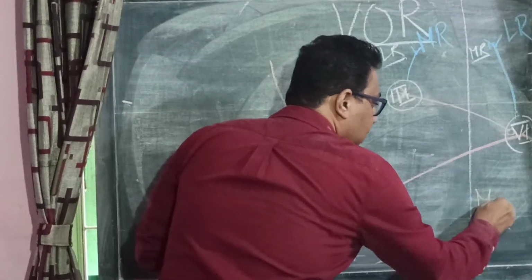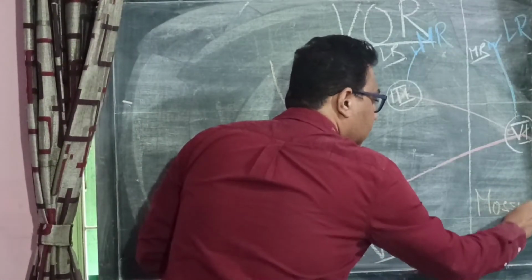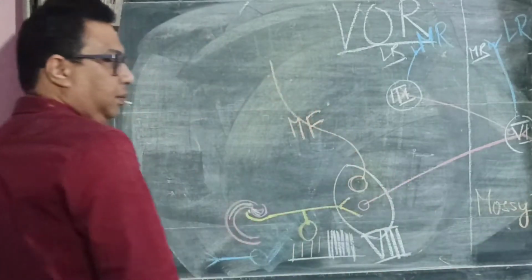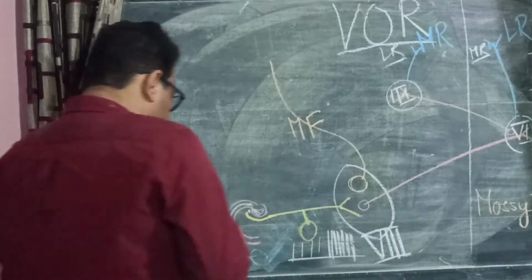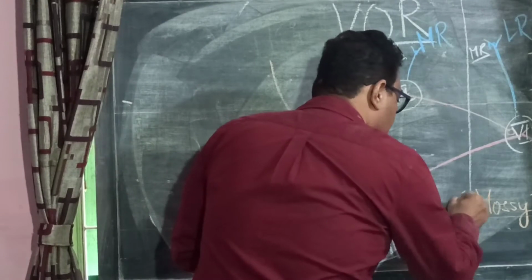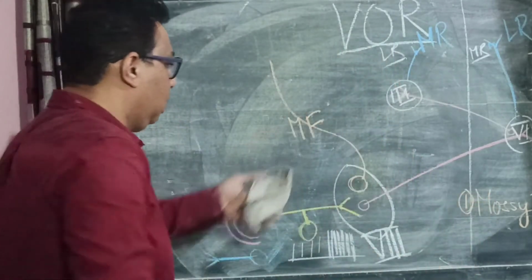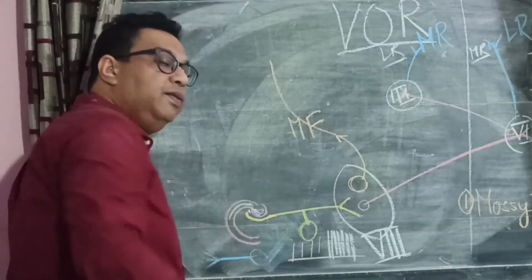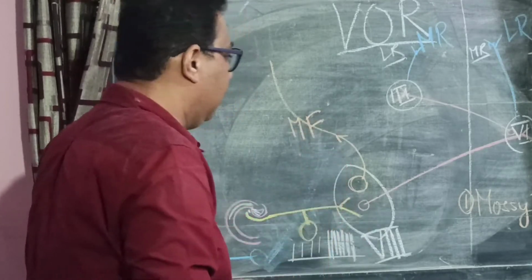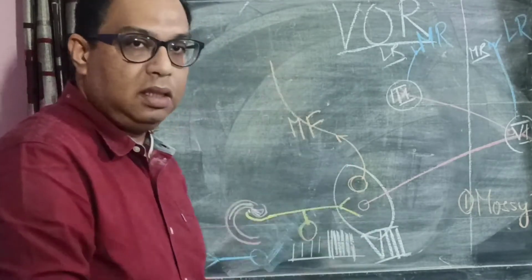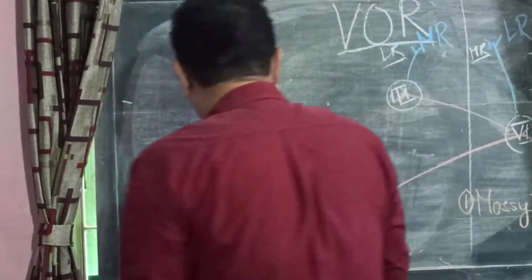Mossy fiber. This is one of the components of the cerebellum, one of the two input components of the cerebellum. So this goes into the cerebellum through the inferior cerebellar peduncle.